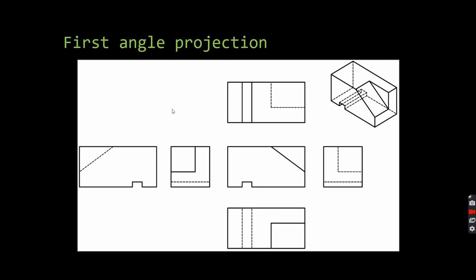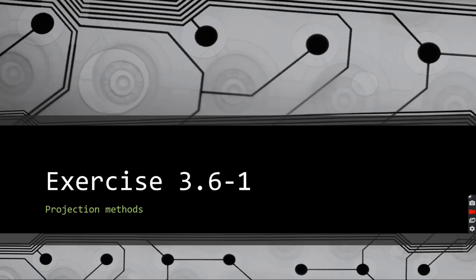I find first angle projection to be very, very confusing. We will not ever, in this class anyway, draw any first angle projections. We set this automatically in our CAD program and it will take care of that for us.